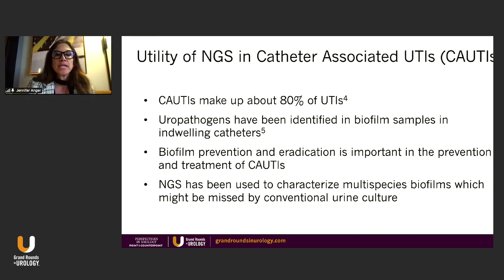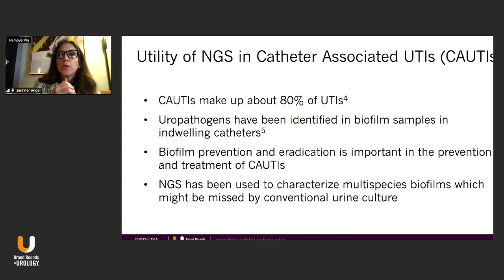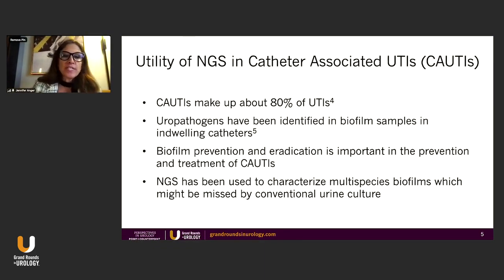There has been identification of uropathogens in biofilms that are associated with catheters and stents, where a biofilm is where the bacteria have actually become present in a safe space, which is in this biofilm that's often adherent to catheters and stents. So next generation sequencing has been used to characterize multi-species biofilms, which might be missed in culture.